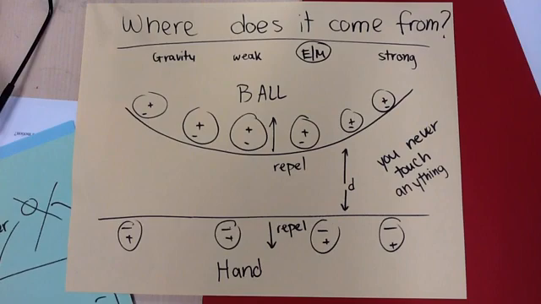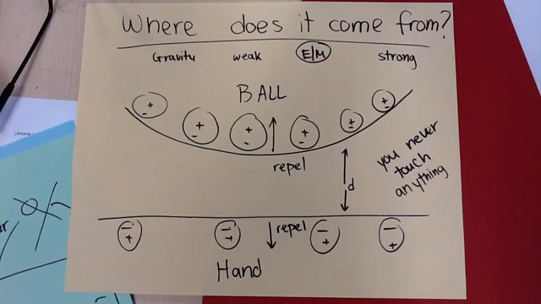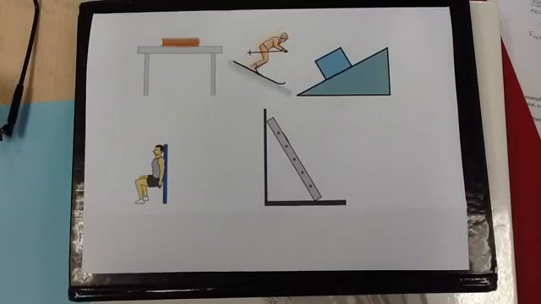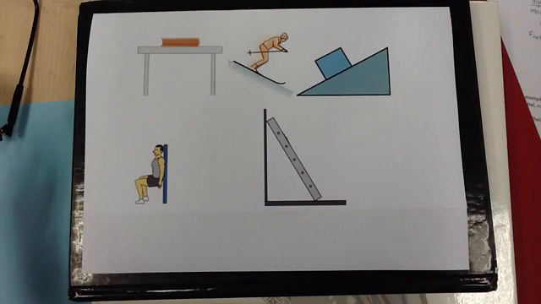But the normal force happens when you bring two solid objects within a close enough distance to each other so that there's pressure between them. The tricky thing about the normal force is it can sometimes act in directions you don't expect. Like when a book pushes down on a table, the table pushes back.